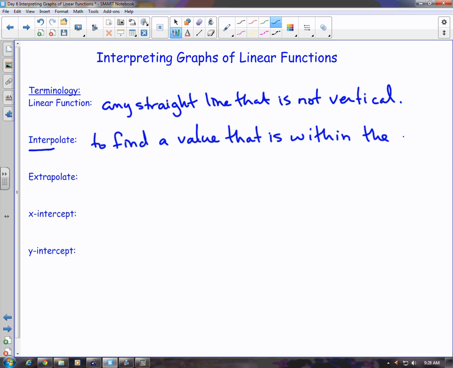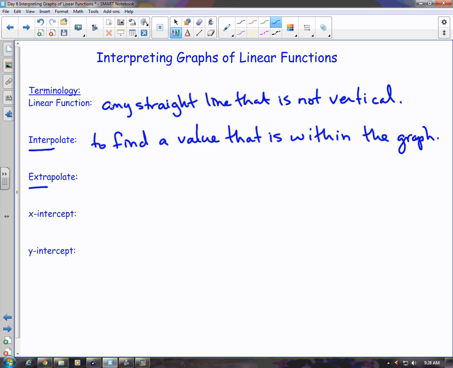I can finish that off on the far right hand side here. To find a value that is within the graph. So that's inter, right? Inter means within. Extra means beyond, like to do extra stuff means to do stuff that's beyond what you normally do.